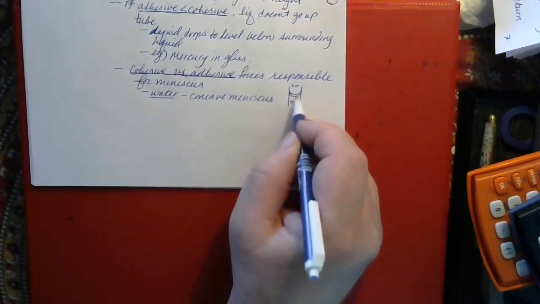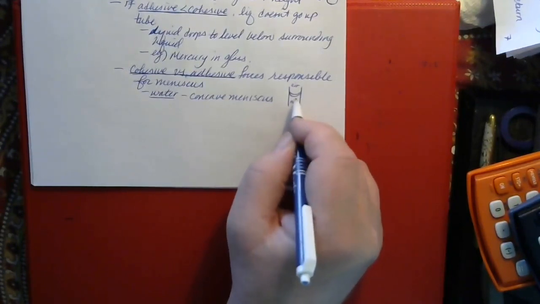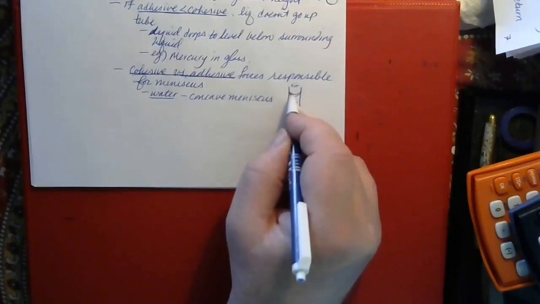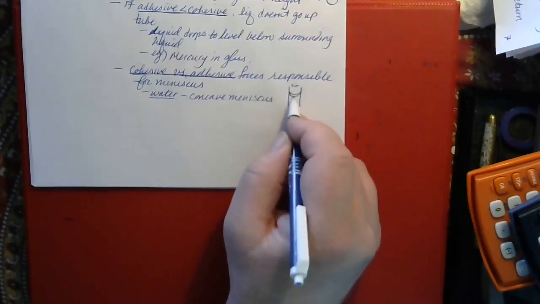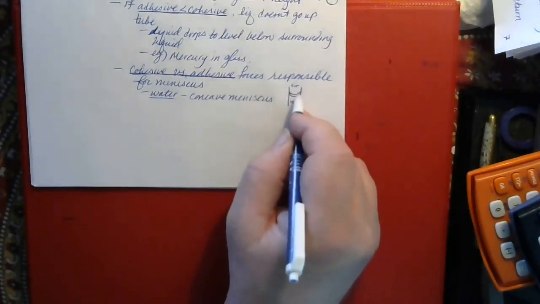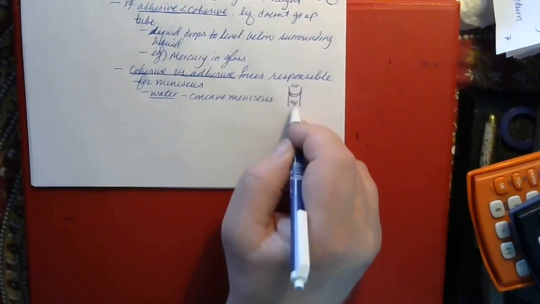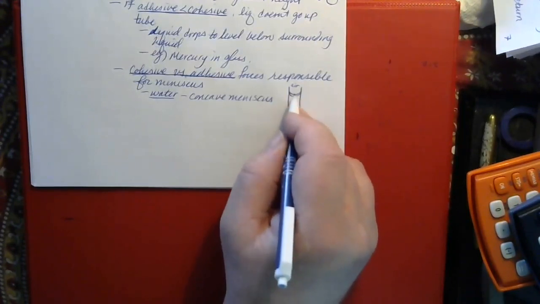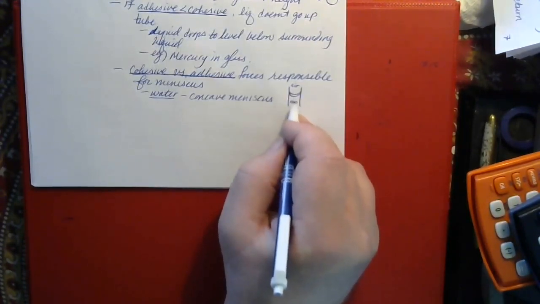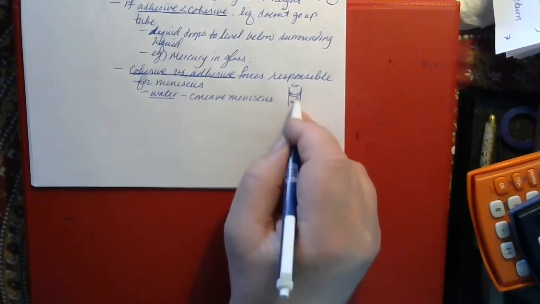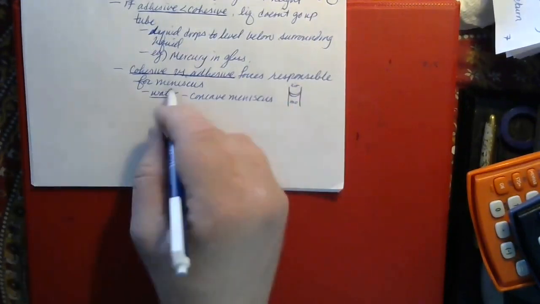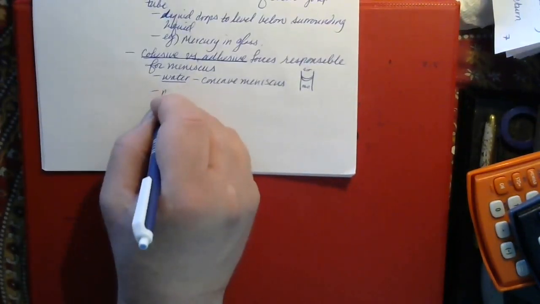It basically sags down in the middle because the water is strongly attracted to the glass and is trying to creep up the sides, and the weaker cohesive forces are trying to pull water molecules along with it up the middle, but because the cohesive forces are weaker, those molecules in the middle reach a lower height than the ones on the edges do. And so you end up with a concave meniscus.